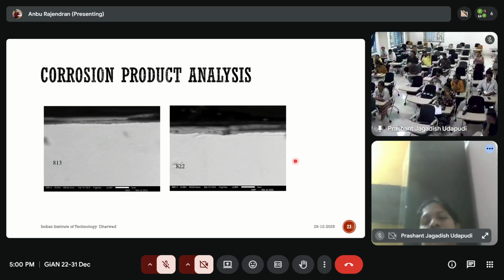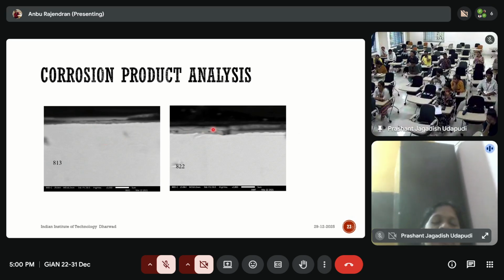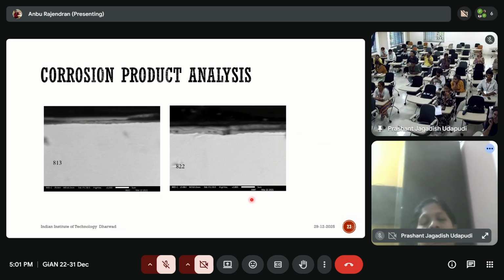So for identifying features, if any additional features are present at the end of any test, at any stage, you can do the analysis to look into whatever changes happened inside the sample, and that can be understood by this.